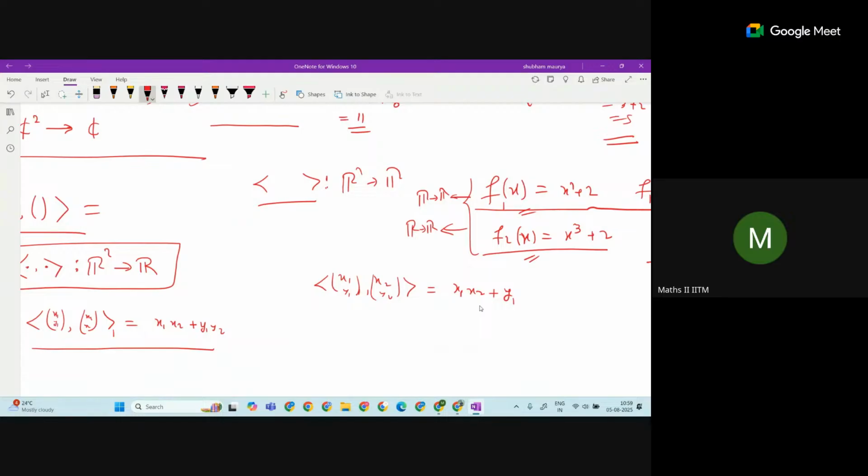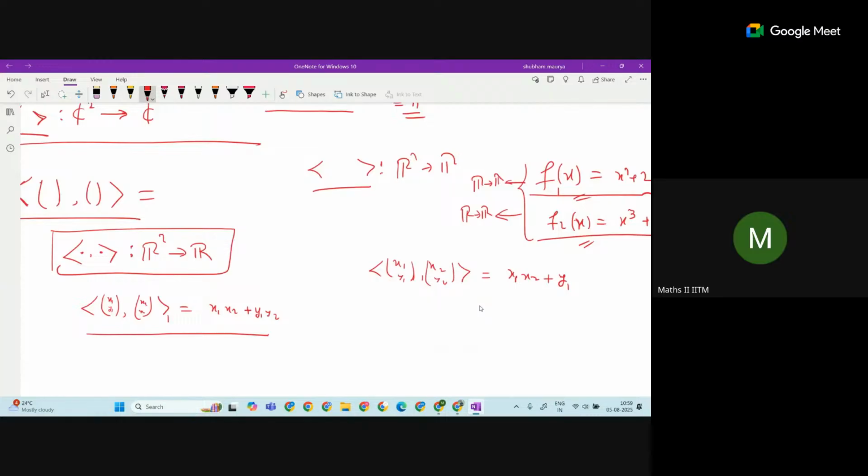See, till now I said the word inner product, but I didn't define the inner product. I'm just saying this kind of notation generally has this kind of definition. This is one function, and this is another function.